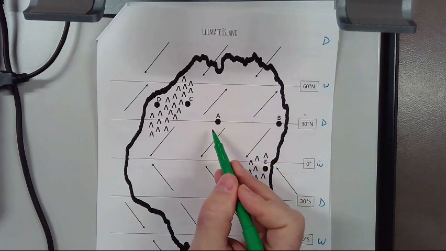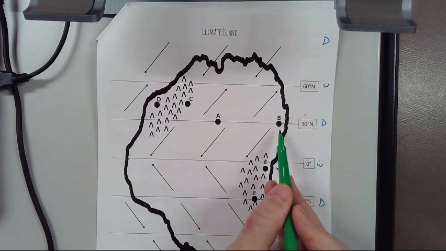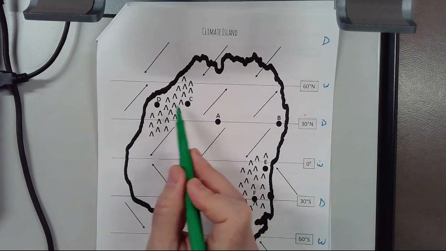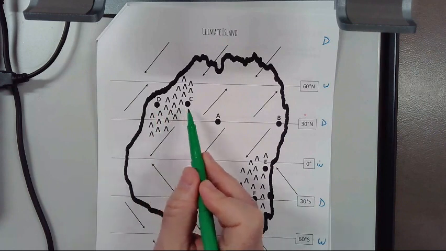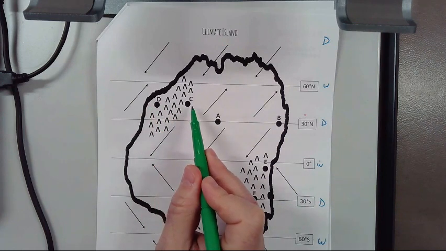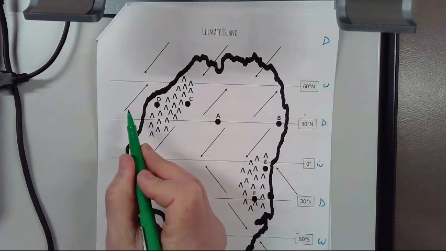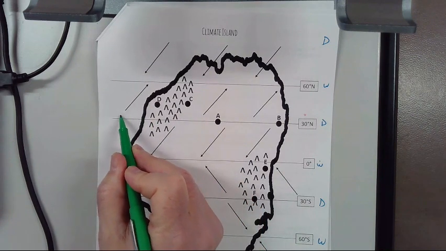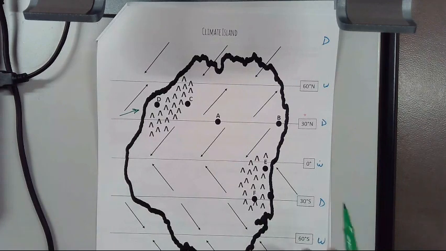We have position A, which is in the center of a continent at a dry area, which is 30 degrees north. Location B is near the coast. C and D are on opposite sides of a mountain range. One is on the coast and one is inland. The prevailing winds would be going this direction.